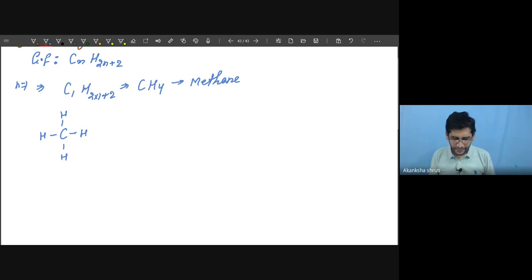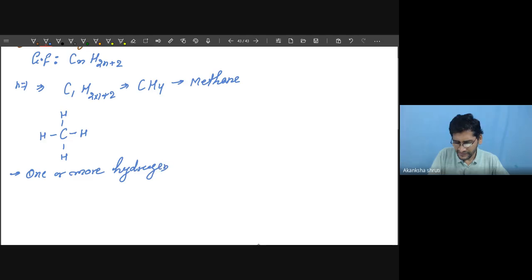It is possible to replace one or more hydrogen from this alkane. Then we are getting its derivative. And one of the derivatives that you have to keep in mind is replacement of this hydrogen by the halogen chlorine. Okay, that one. So right here, one or more hydrogen of alkane, it is basically, we shall take this methane or ethane, they are most common, but it is applicable for everyone.